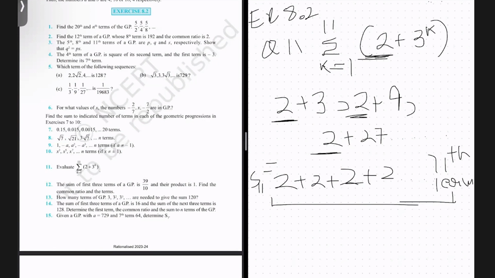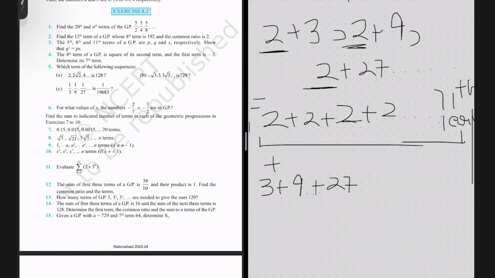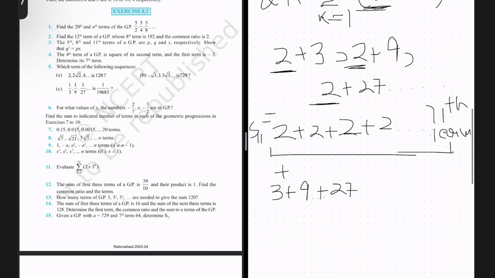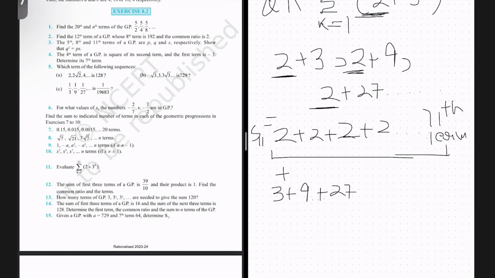So we have 2 added up 11 times, and the second part is going to be 3 plus 9 plus 27 up until 11 terms, right?